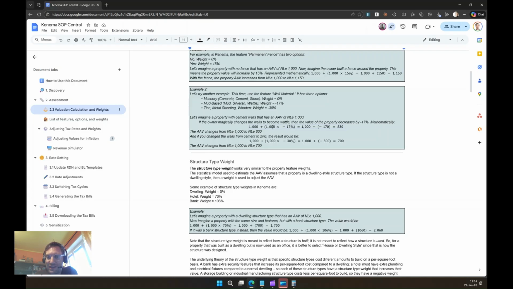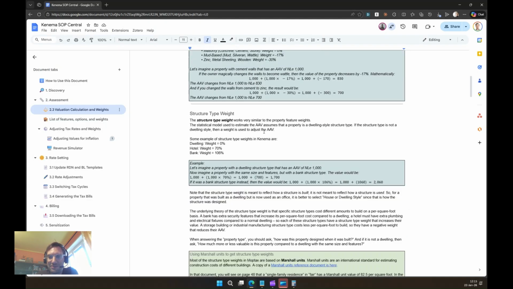So if we take 1,000 times negative 17%, we get negative 170. You add these together, so 1,000 plus negative 170 gives you 830. So the value of that building changes from 1,000 to 830.